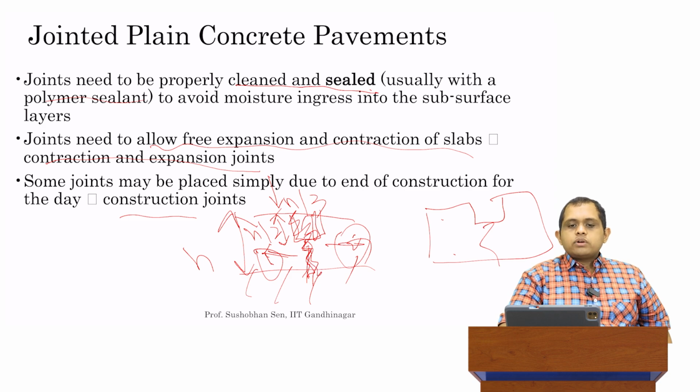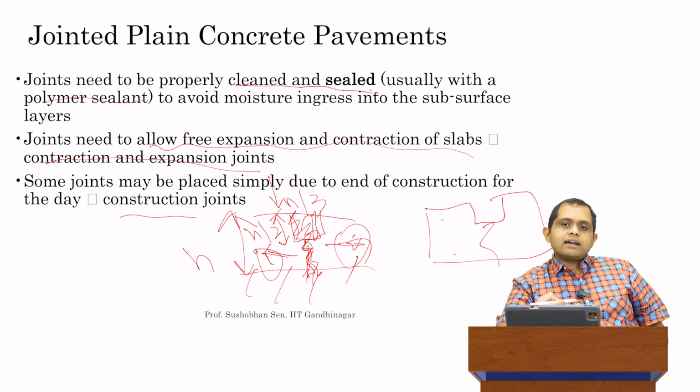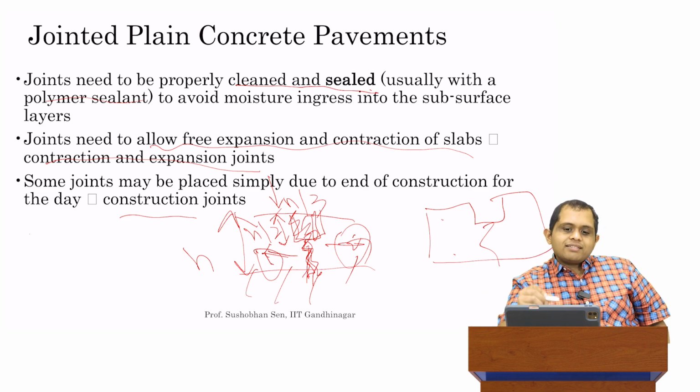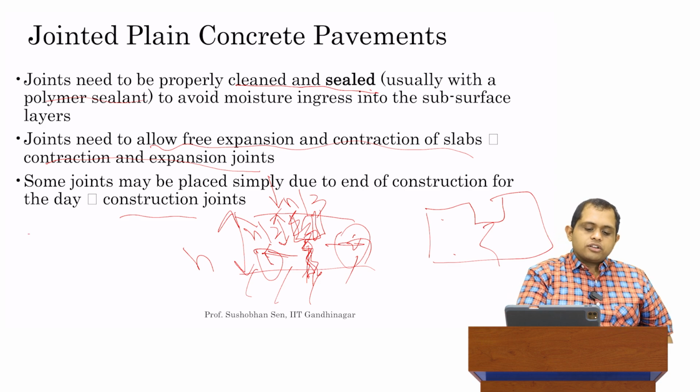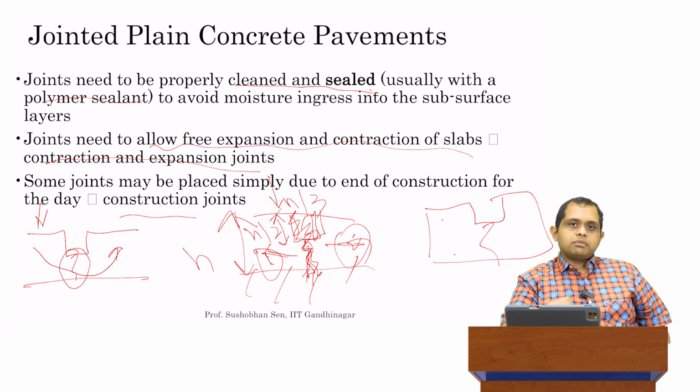Because you have a crack over here which is in aggregate interlock, the aggregates on one side of the crack are in contact with aggregates on the other side of the crack. Let me draw this a clean view over here. When this slab tries to move downwards, there is some amount of interlock happening along that crack, and that aggregate interlock is going to transfer some amount of the load from the loaded slab to the unloaded slab.